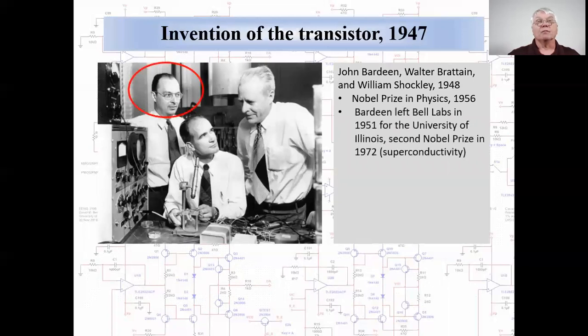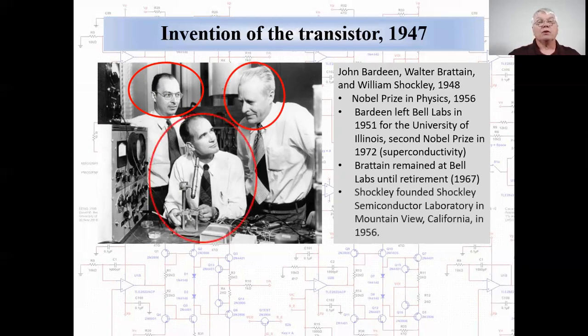John Bardeen left Bell Laboratories for academia, where his work in superconductivity earned him a second Nobel Prize. Walter Brattain retired from Bell Laboratories. William Shockley returned to his native California with hopes of making money from semiconductors.